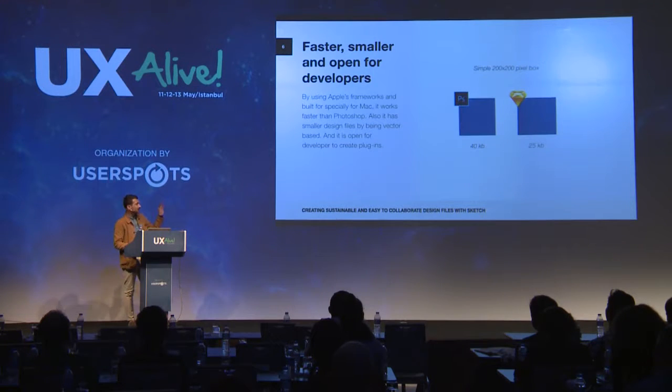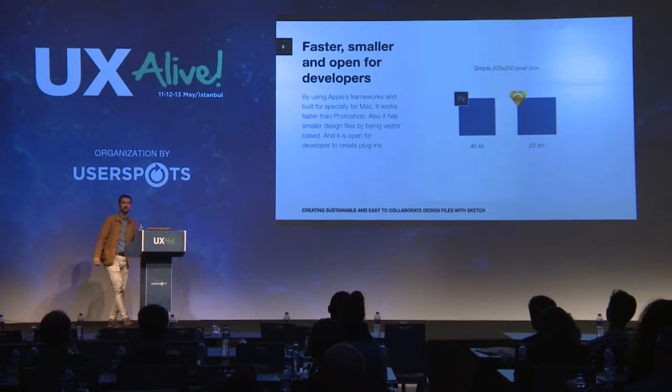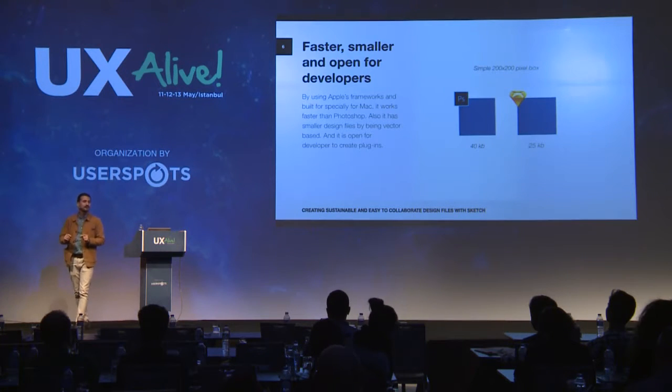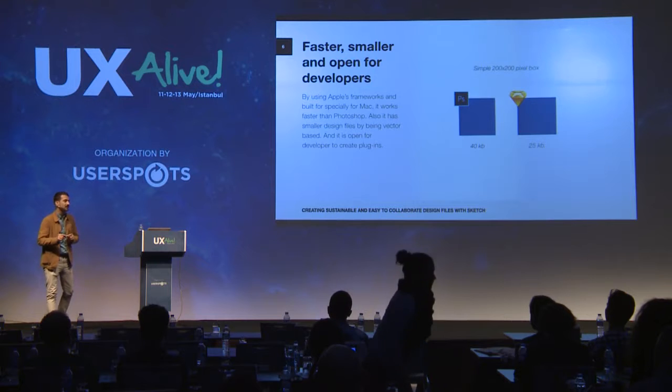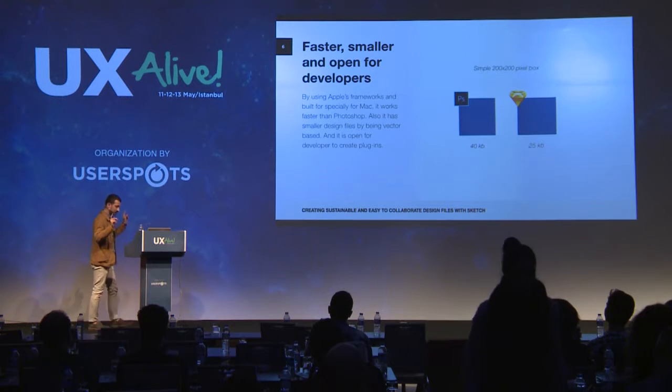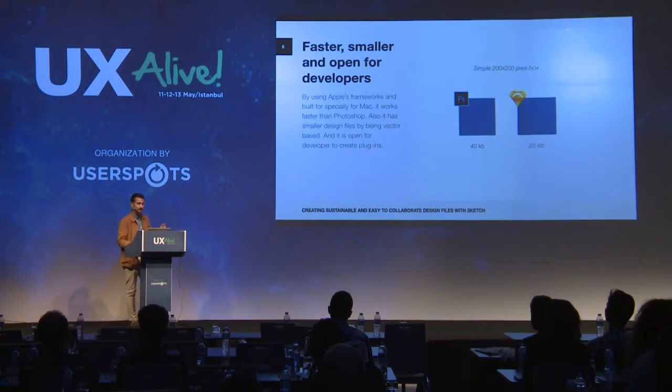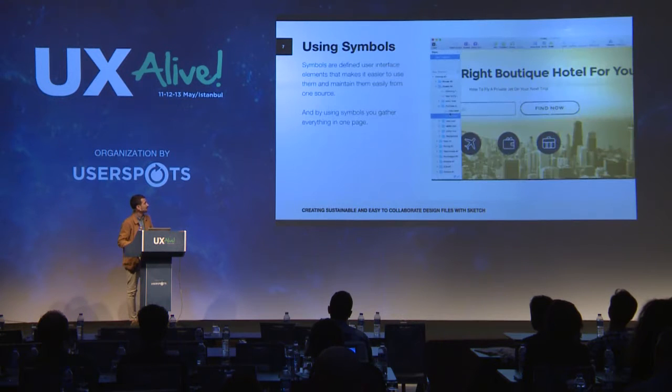For example, just for a small shape, Photoshop gives you a 40 kilobyte design file, and Sketch gives you 25. And this gap will increase when you import more photos and when you create larger artboards. And it is open for developers, which means everyone can create a plugin for Sketch. And it is really one of the main important things about Sketch.